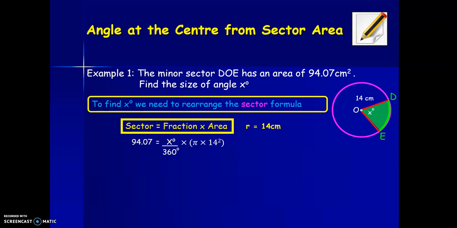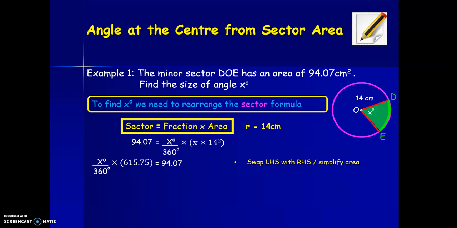Now we want to get x on its own, so we need to rearrange this formula. So the first thing we will do is swap the left-hand side with the right-hand side because we work left to right. So we rewrite this as x over 360 times the simplified version of the area, which is 615.75, and that is equal to 94.07.